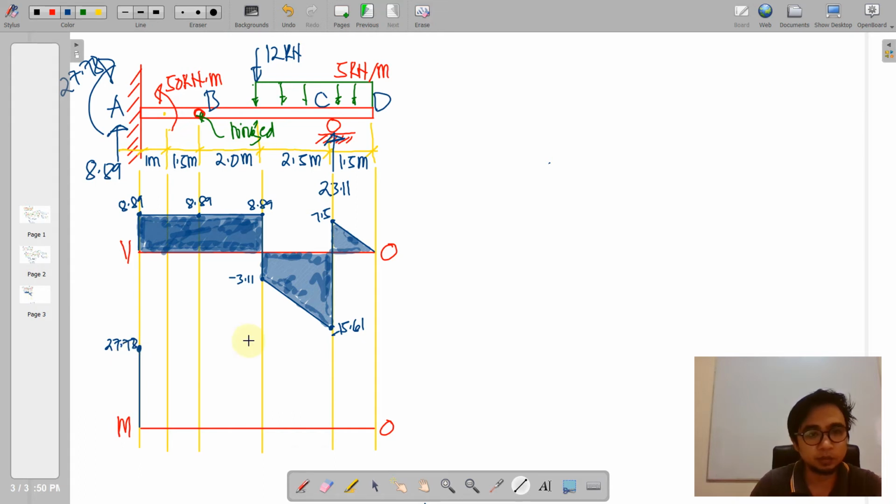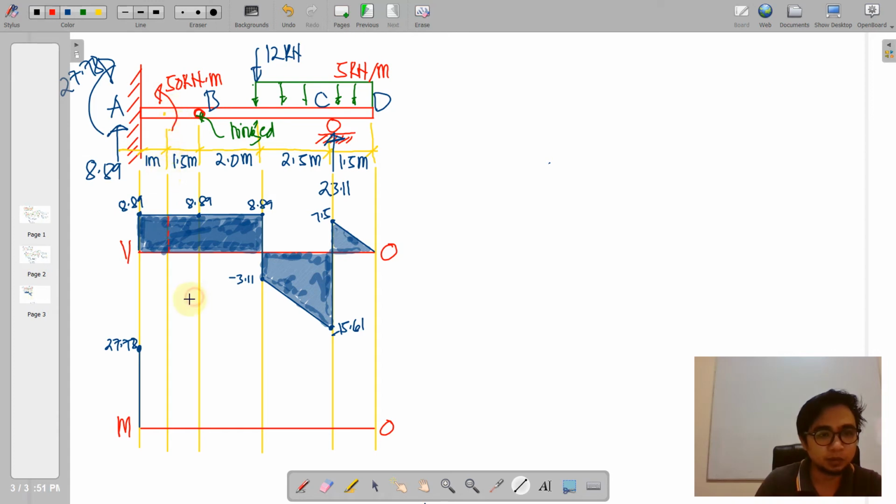Okay, so before we place that one, let us notice that we have a couple here. So we usually terminate just as what we are doing in the shear diagram, where we halt on a point where there is a pointed load. So in the moment you halt where there is a couple. So basically we will just compute first, or add first, an area before this couple at this point.